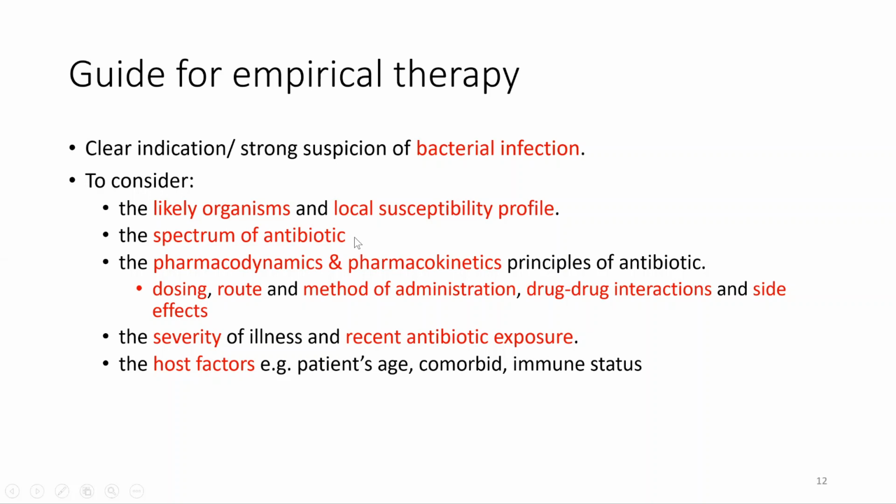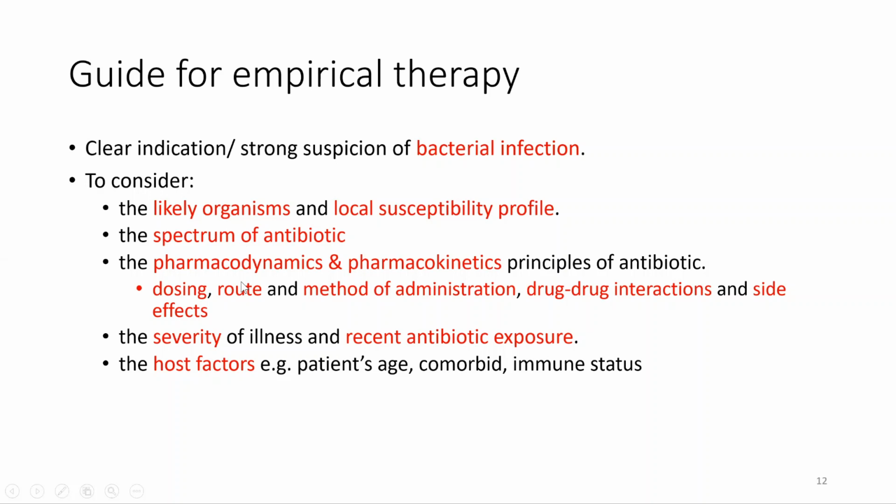By knowing the kind of infection and the most likely pathogen that caused that condition, you should use an antibiotic which has coverage against the most likely pathogen. So you should have this kind of knowledge also, the spectrum of antibiotic.